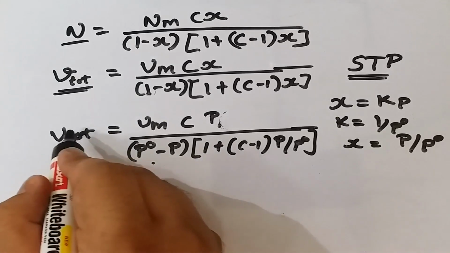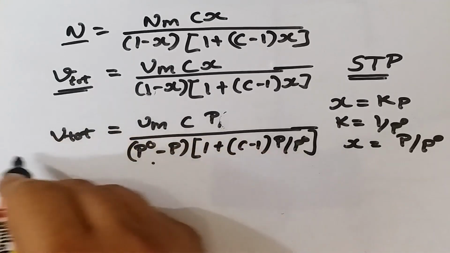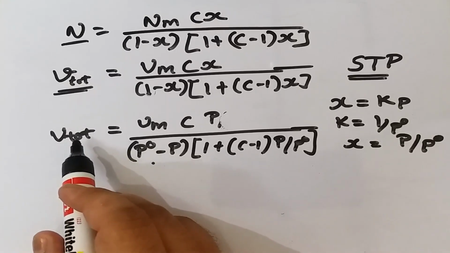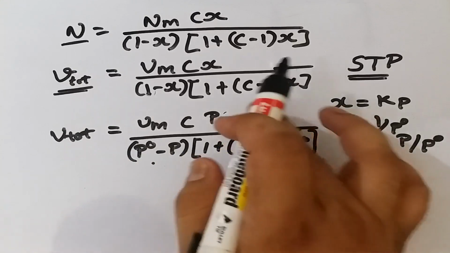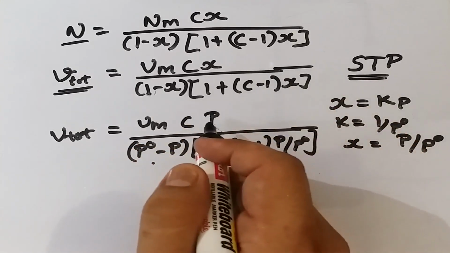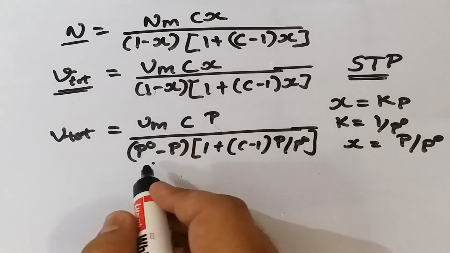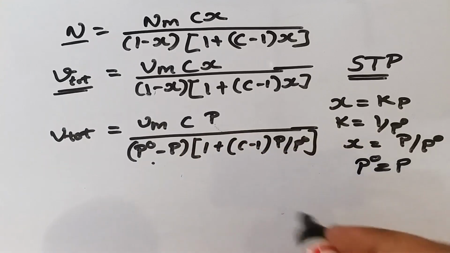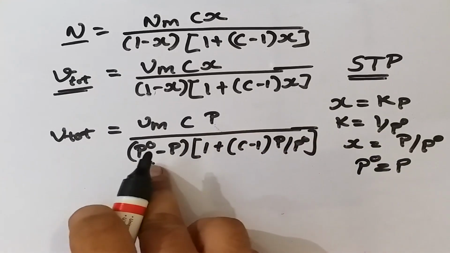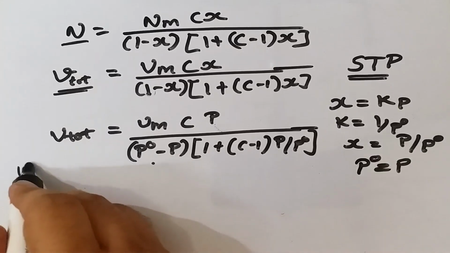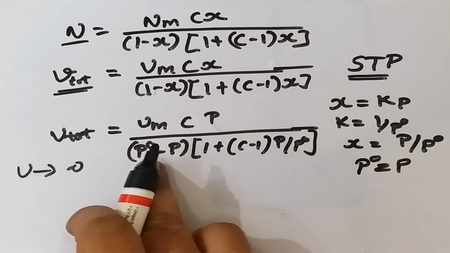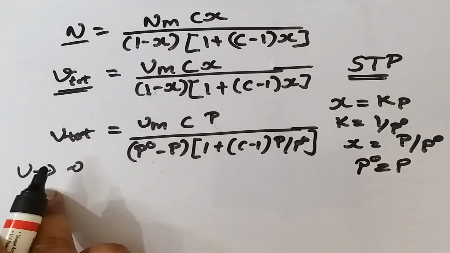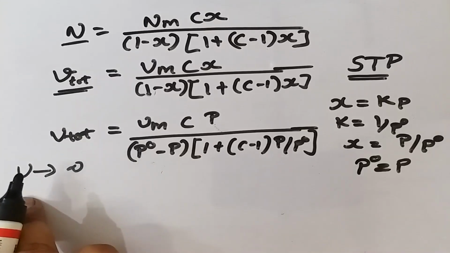V total gives the total volume of the gas which is adsorbed on the surface, and this total volume is measured as a function of pressure P. Further, if the equilibrium pressure P0 is equal to P, that is the pressure of the gas, then this term will be equal to 0, and under such circumstances V will tend to infinity, because P0 minus P will be 0 and something upon 0 is infinity. So V will tend to infinity, that is a singularity.